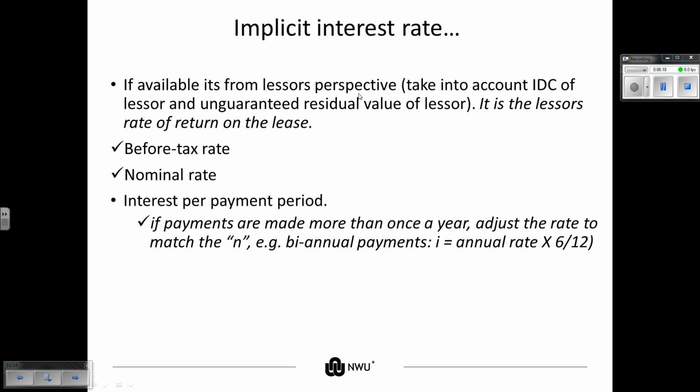Why? The lessor will know what was the initial direct cost that they've incurred that they have to add to the present value. Also, they know what the unguaranteed residual value is, because remember I've said the lessee does not know anything about this unguaranteed residual value. So the lessor will be able to know the implicit interest rate, and therefore the lessee must find out from the lessor what the implicit interest rate is.